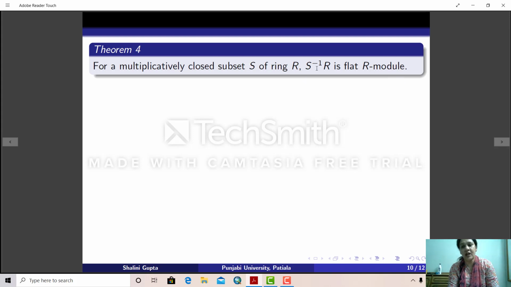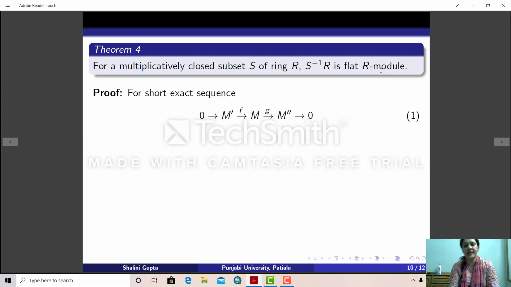We know that S inverse R is an R module. We will show that it is a flat R module. So in view of the previous definition, we need to first consider a short exact sequence of R modules. So let us consider this short exact sequence 0 to M dash to M to M double dash to 0 of R modules.